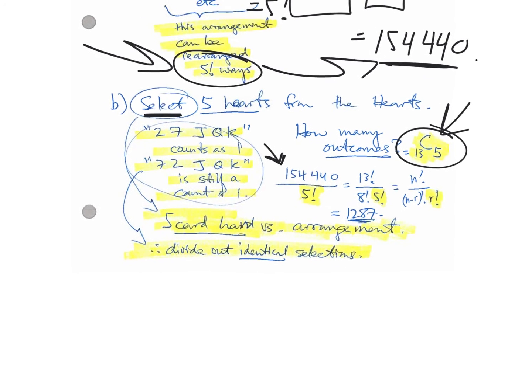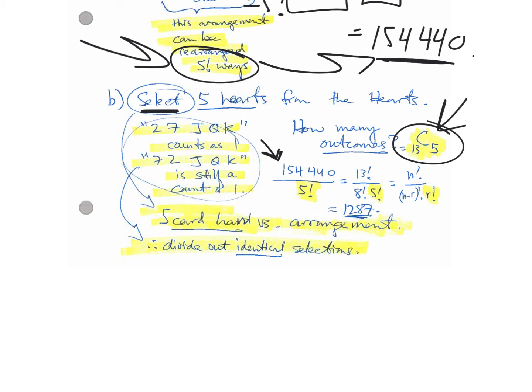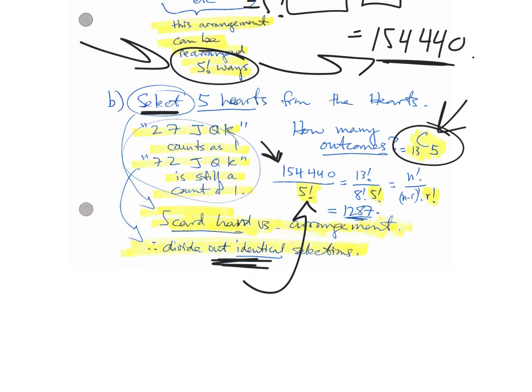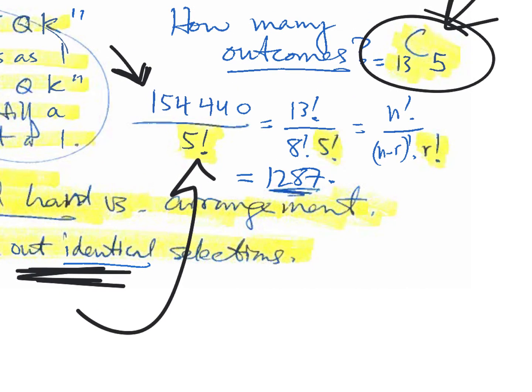But because those 5 factorial ways are the same selection, we can divide that out. So if we divide 154,440 by 5 factorial, that equals 1,287. And that's the same answer if we use the combination formula.